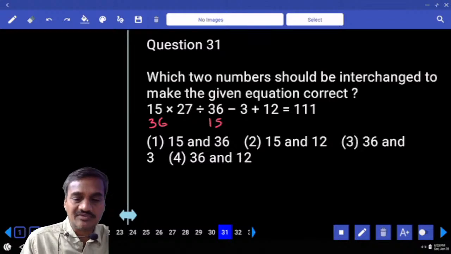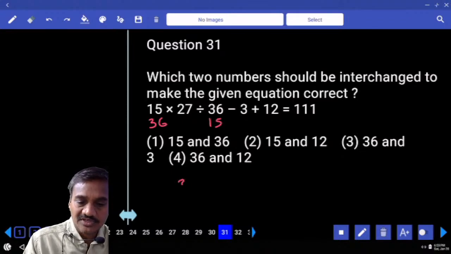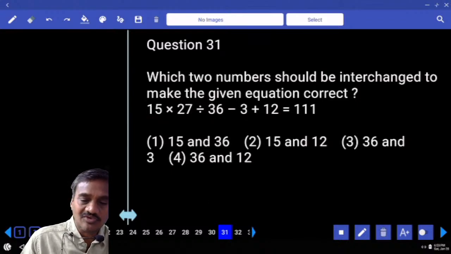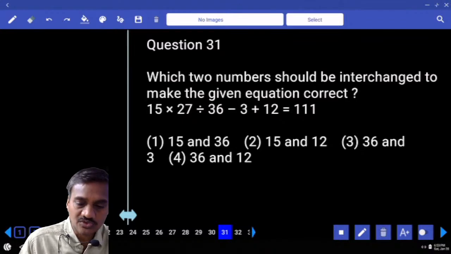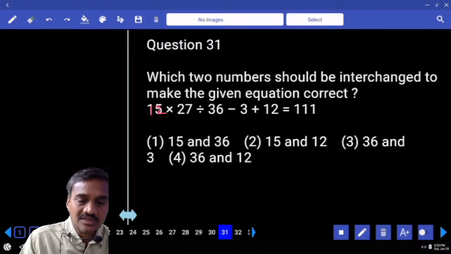Now 27 divided by 15, is there a chance? 27 divided by 15 and 36 into 27 divided by 15, then 3 fives remain, so it will be in the decimal. And coming to choice 2, now in choice 2, 15 and 12. Now 12 into 27 divided by 36.